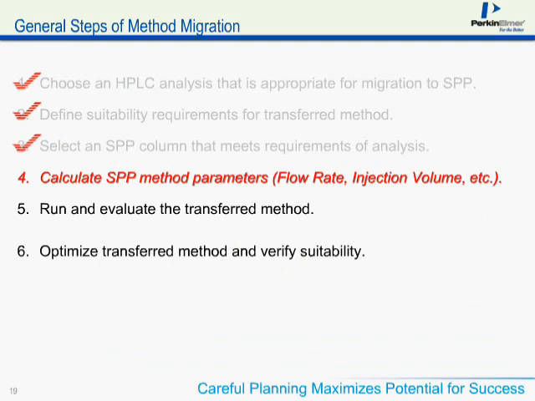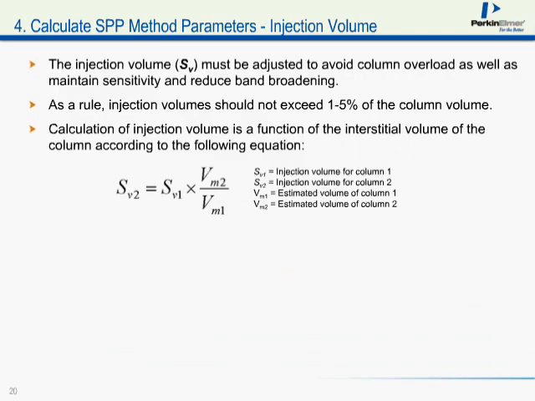Finally, and what people fear most, I think, in doing these method conversions is how do I calculate my method parameters for the new column? Well, basically, there's really 2 or 3 parameters that you have to transfer with the new column. One of them is the injection volume.